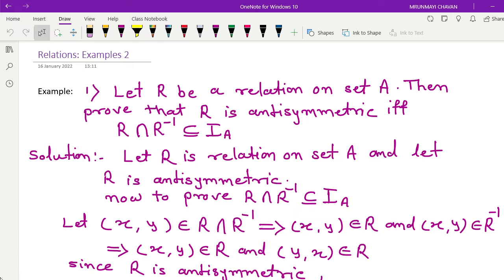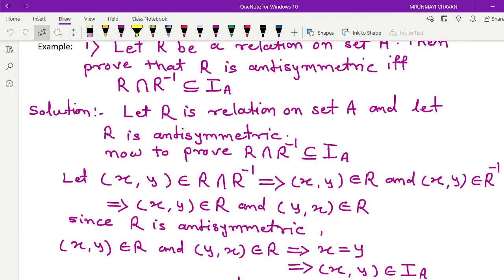Let R be a relation on set A, then prove that R is antisymmetric if and only if R intersection R inverse is subset of identity relation IA.